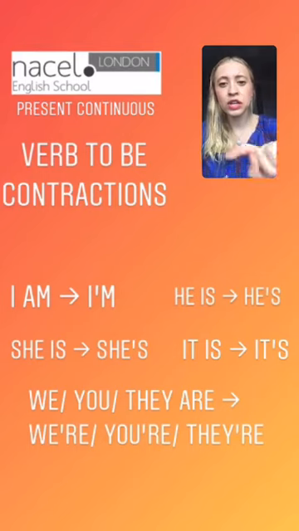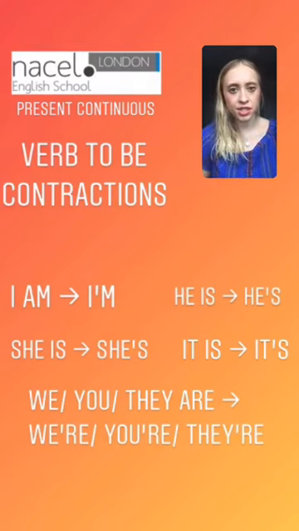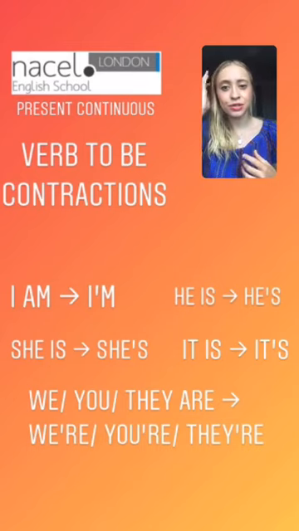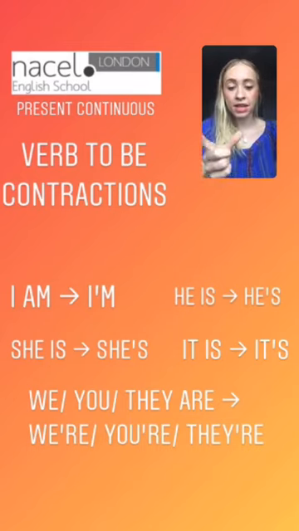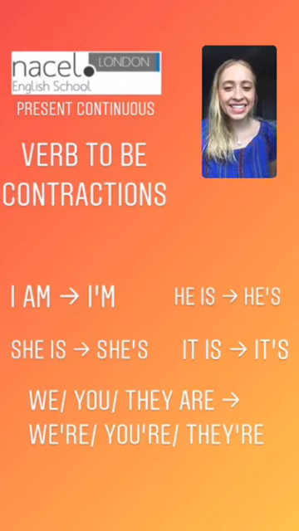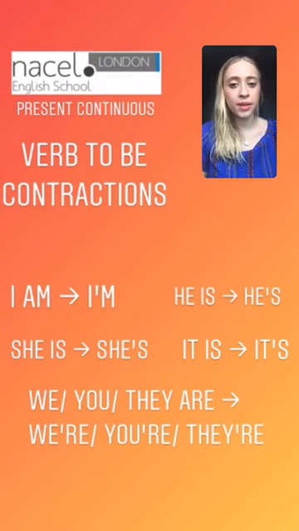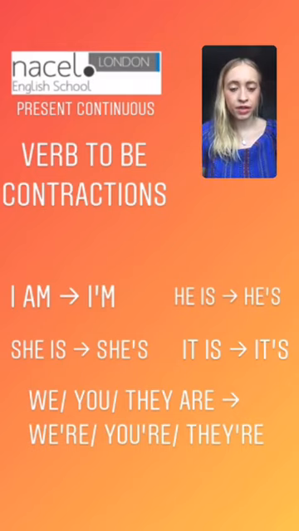So it's also important here to remember your contractions when it comes to the verb to be. You have I am becomes I'm, he is, he's, she is, she's, it is, it's, we are, we're, you are becomes you're, and they are becomes they're.